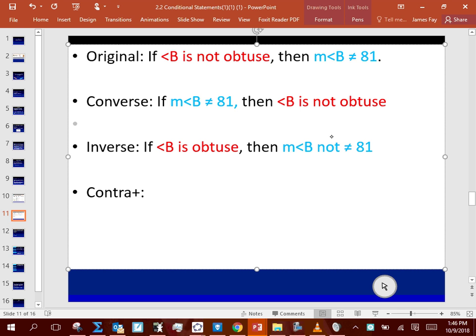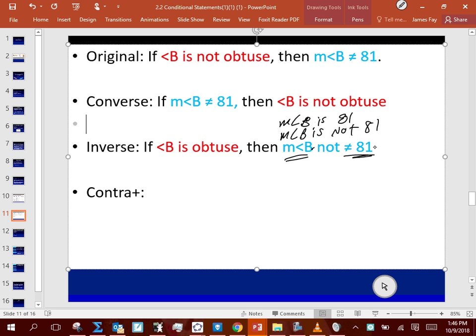So let's take that not out first. When I don't have that in, when I say measure of angle B equals 81, that equals would mean is, right? Does that make sense? Okay. So now if I got that slash through it, I really have measure of angle B is not 81. Okay, so that's what, underlying that stuff right there, that's what that would say.